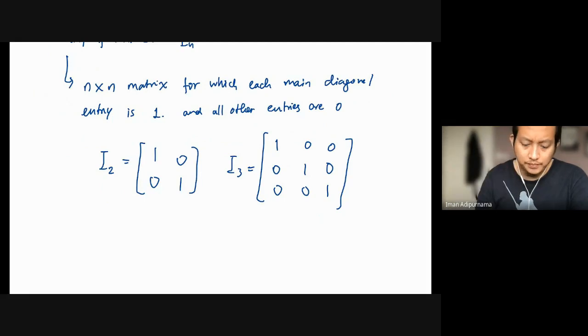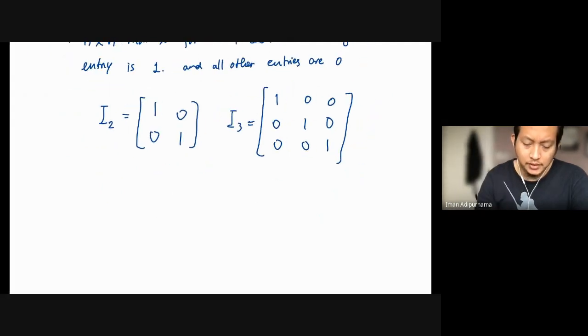Because the important property for this identity is, let A and B be matrices.